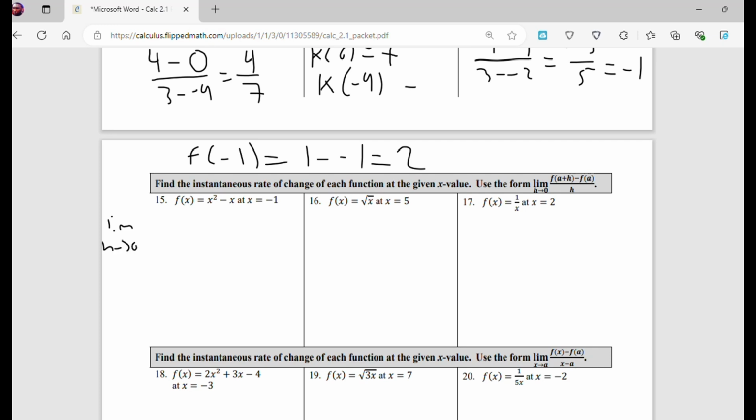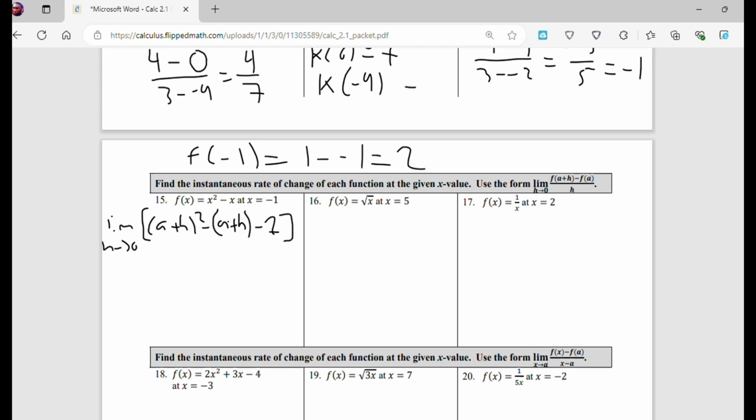So limit as h approaches 0 of (a plus h) squared minus (a plus h), and then we have minus f of a, right, which is just going to be minus 2.